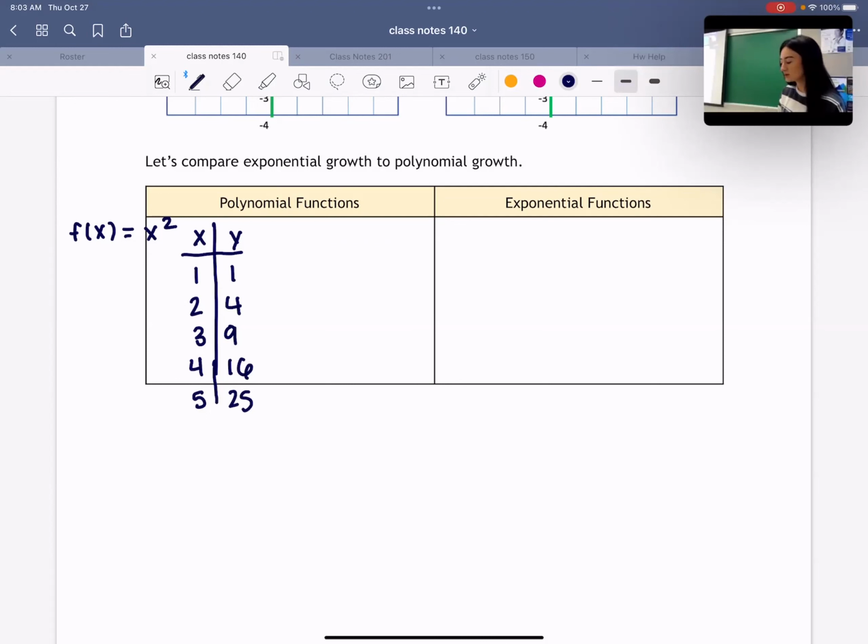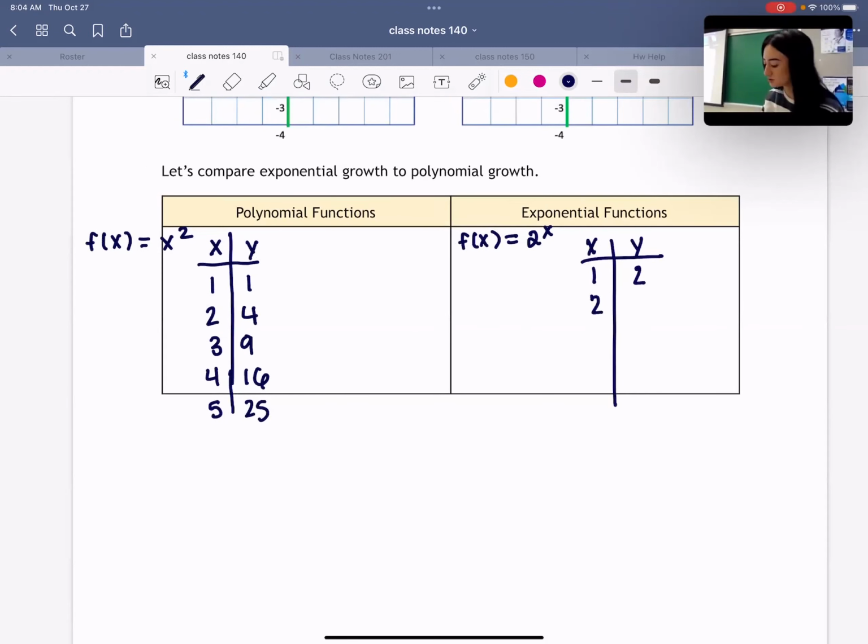Now, exponential functions, on the other hand, grow a little bit faster. What I mean is, if I switch around the exponent and the base, so f of x equals 2 to the x, I can also plug in x and y values. If I plug in 1, I get 2. If I plug in 2, I get 4, which is still the same as the last chart. But once I plug in 3, I get 8, a little bit slower.